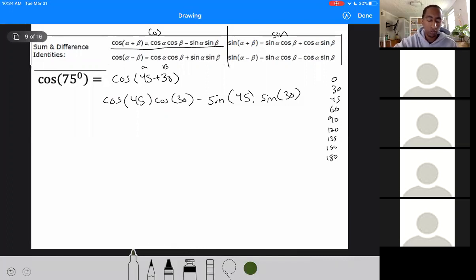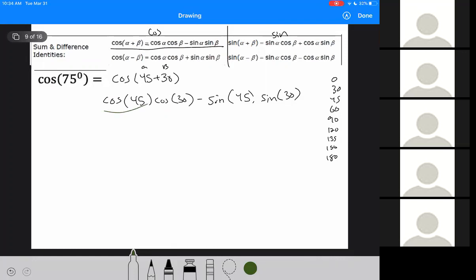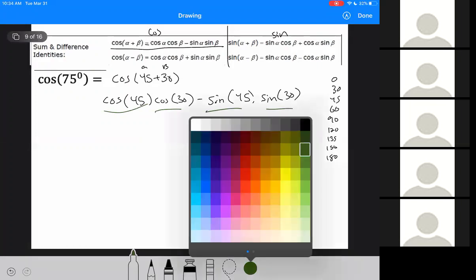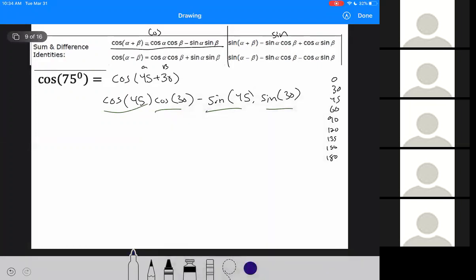So let's do the first one, cosine of 45. Jair, could you help us out with that one? Cosine of 30. Sophia, could you help us out with that one? Sine of 45, Jimena, could you help us out with that one? And sine of 30, Carlo, could you help us out with that one? Let's start with cosine of 45. Square root of 2 over 2. All right, thank you.